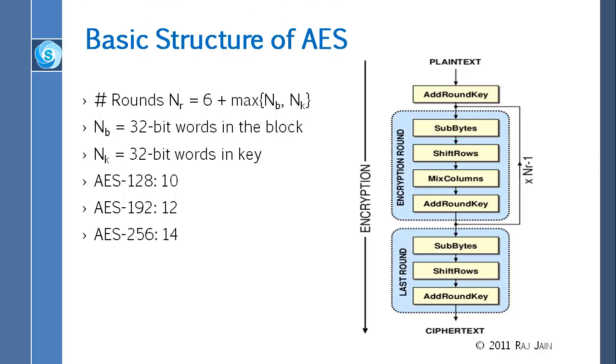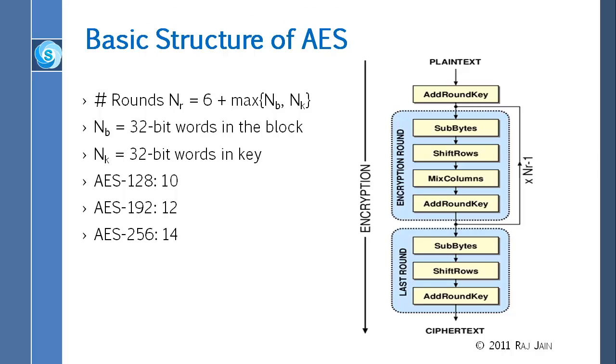Right now we have 128 bits, so we have four 32-bit words. So NB is 4 right now, fixed by AES. NK is the number of 32-bit words in the key. So in AES 128, NK would be 4. In 192 that would be 6, and in 256 that would be 8. So the number of rounds is 6 plus max of NB, NK. If you calculate that for AES 128, there are 10 rounds, for 192 12 rounds, and for 256 14 rounds.